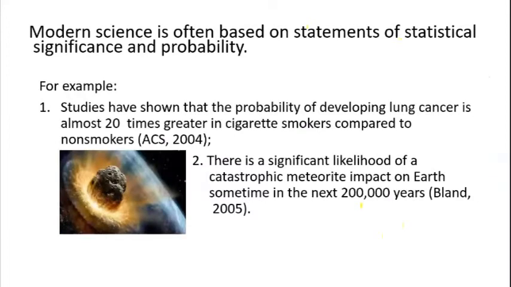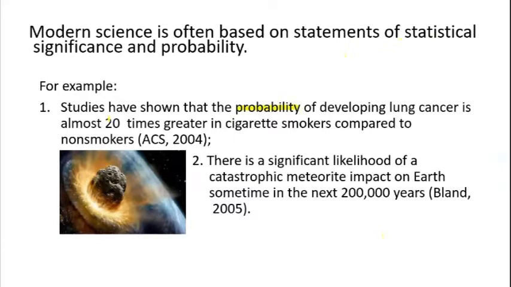Modern science is often based on statements of statistical significance and probability. Studies have shown that the probability of developing lung cancer is almost 20 times greater in cigarette smokers compared to non-smokers. So again, the word probability.